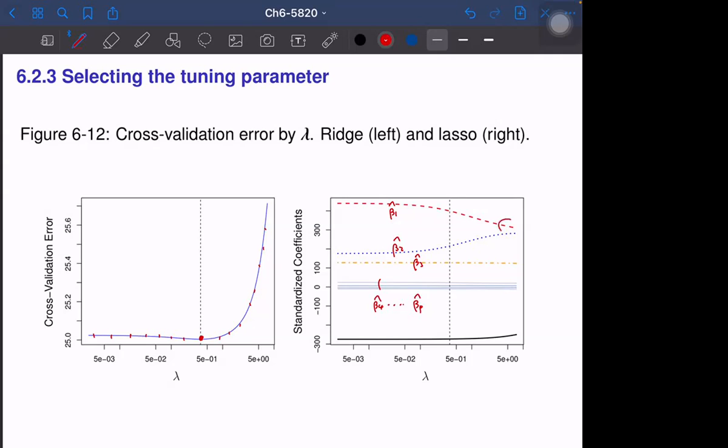This one actually becomes larger. This looks flat. This one becomes smaller in absolute value. And these ones I cannot really see.